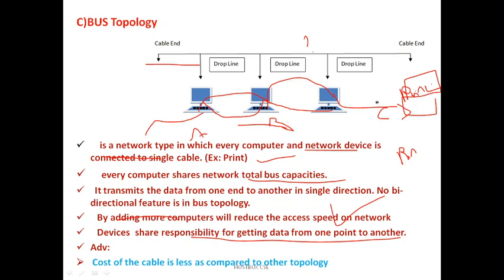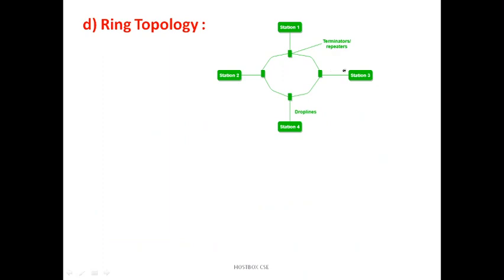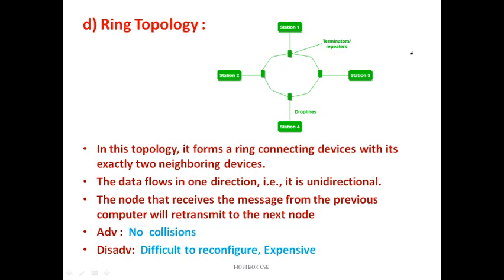Let's go for another one. Ring topology, as the name implies, forms a ring connecting each device with exactly two neighboring devices. Here the data will pass in a circular fashion. The data flows in one direction, so it is unidirectional. A node receives a message from the previous computer and retransfers it to the next node.